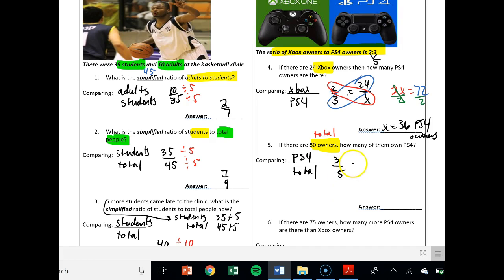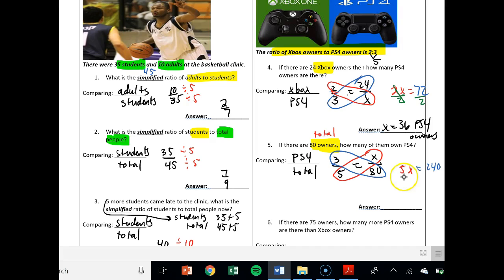So if I got 80 total owners, that means I don't have any information about PS4, so that's X over 80. And now I go ahead and cross multiply. So I got 5 times X, which is 5X, and 3 times 80, which is 240.